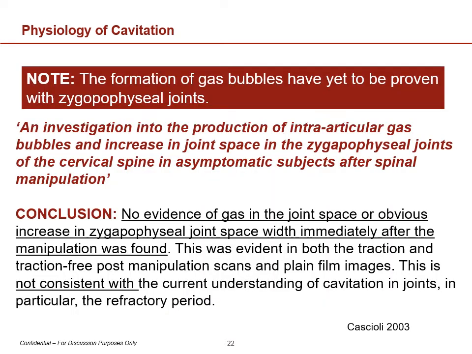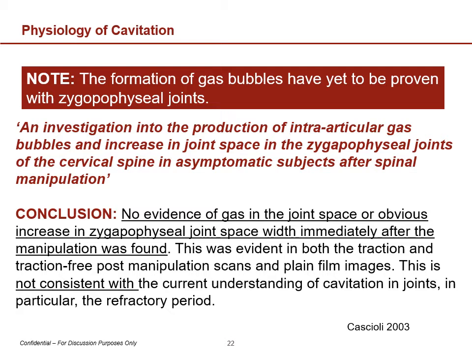So as I've noted, the formation of gas bubbles has yet to be proven with zygapophyseal joints. It hasn't been proven in the spine. According to Cascioli in 2003, there was no evidence of gas in the joint space or obvious increase in the zygapophyseal joint space immediately after the manipulation.